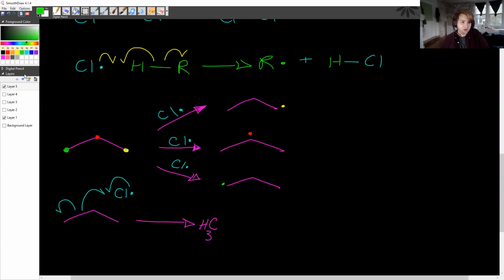So we have this carbon that I'm going to label in green over here, and that has a radical on it. Plus, we now have this ethyl group that's bonded onto this chlorine.